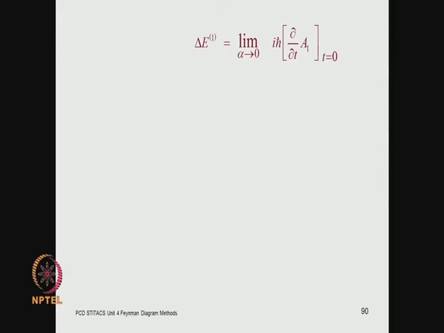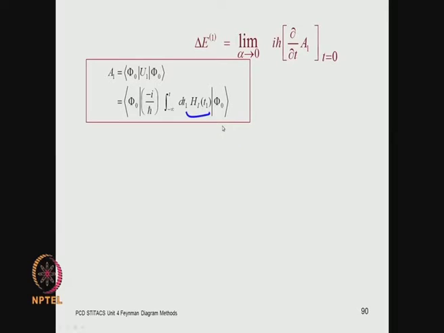and our interest is of course in determining the first order correction which is given by the time derivative of a1 at t equal to 0. So, here you have the first order correction and you have this integral.